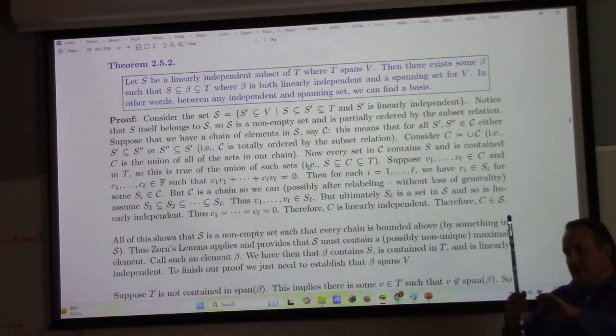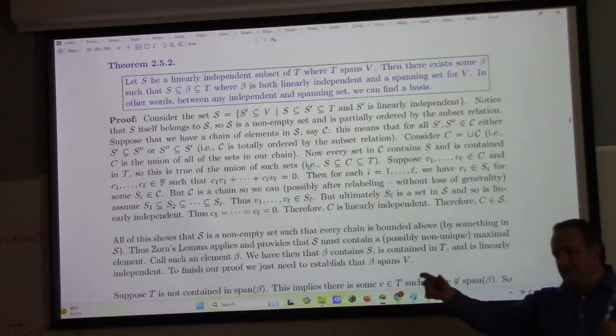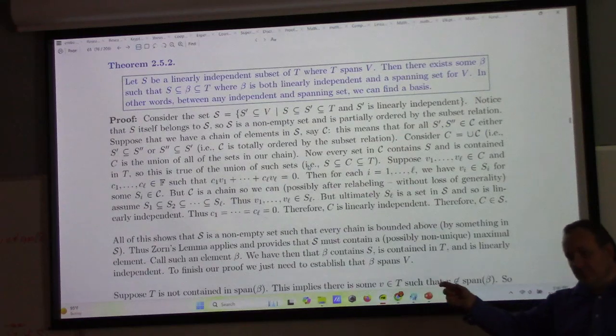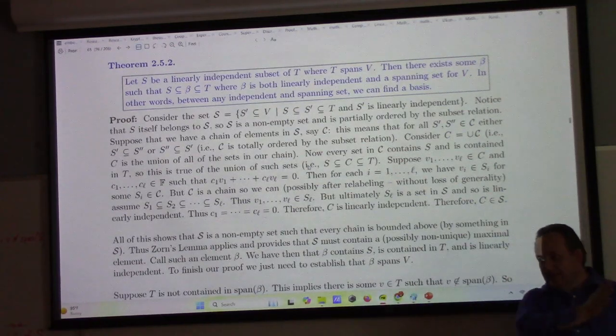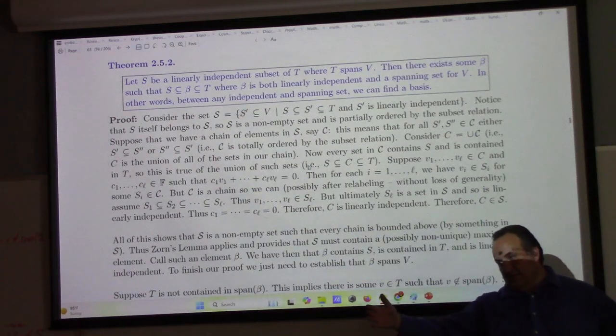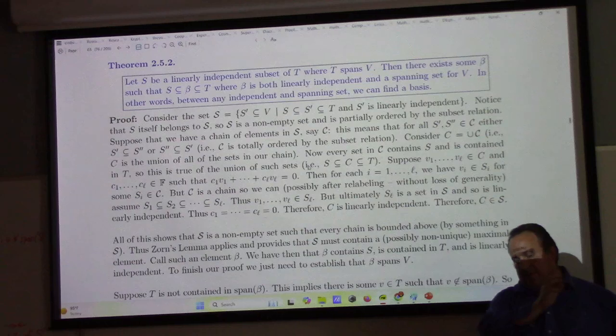Like if you have a union of sets where another set is a subset of every set you're unioning, it is still the case that that set is a subset of the union. If you're taking a union of sets, each of which is contained in a superset, it is still the case that the union of all those sets is itself contained in that superset, right?